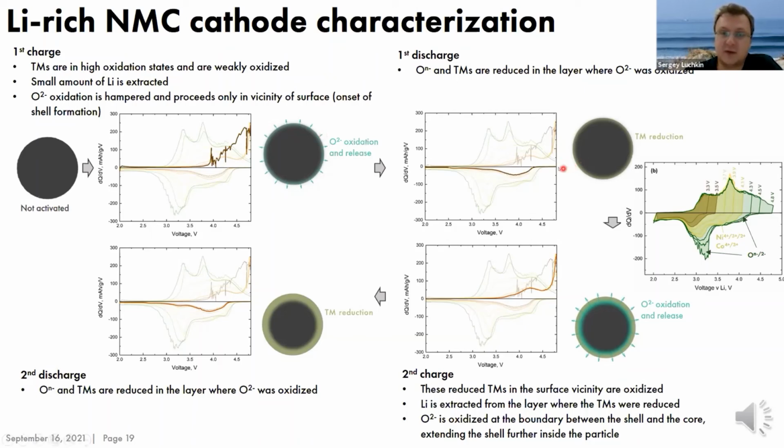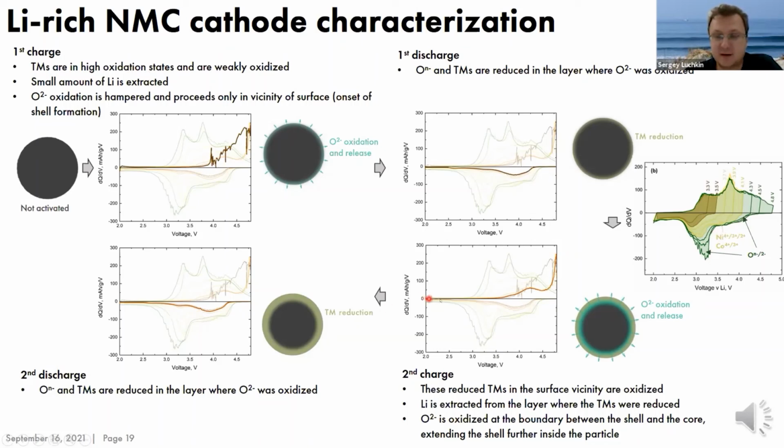During the following discharge, transition metals are reduced in this layer where oxygen was oxidized, because as you can see on this differential capacity plot, oxygen is reduced during this discharge at high potential and at low potential. So there is a window for a reduction of transition metals.